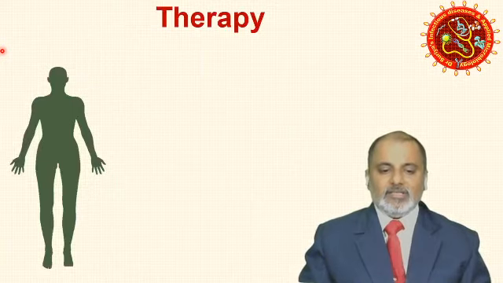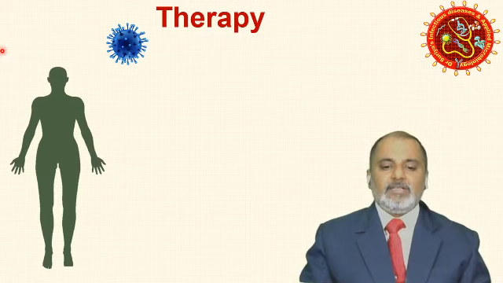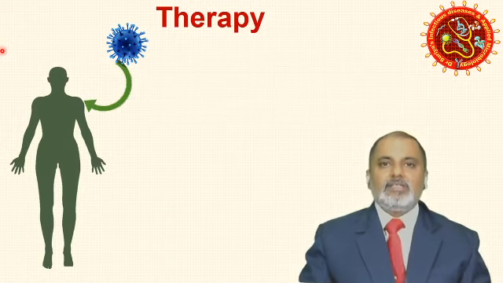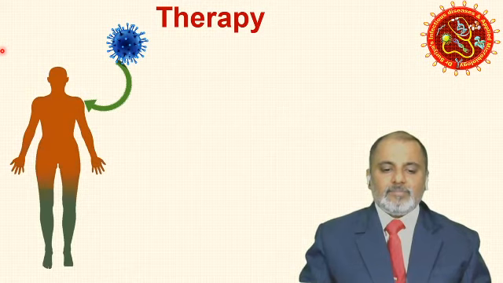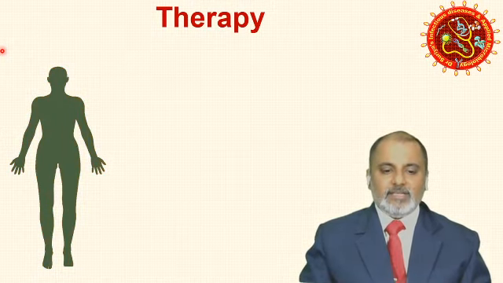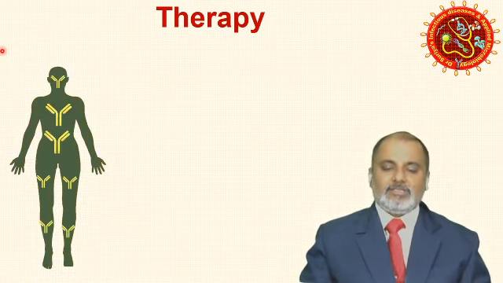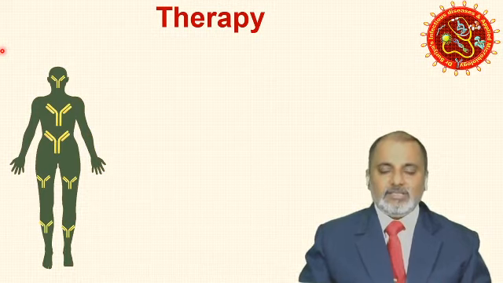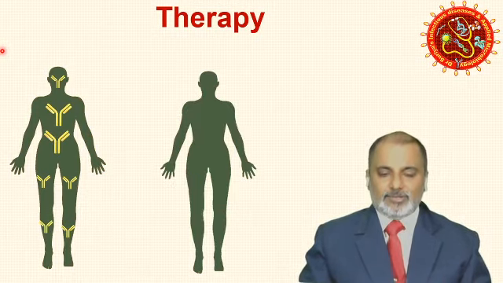So see here, he is a normal person. When he is infected with SARS-CoV-2, he will develop COVID-19 disease. So after 3 to 4 weeks or proper treatment, what will happen? He may recover. At the time of recovery, he will develop antibodies. So he is in the convalescent stage, he has antibodies.